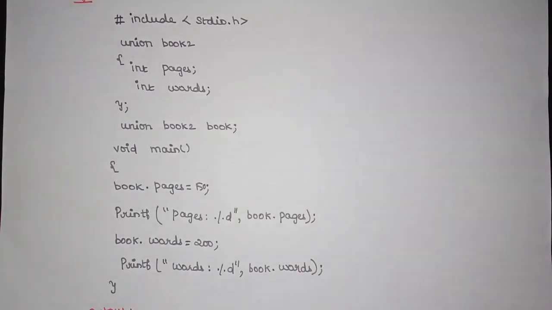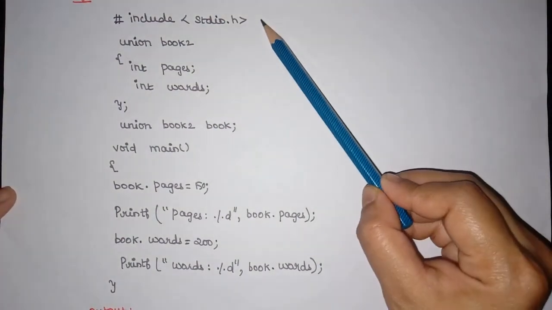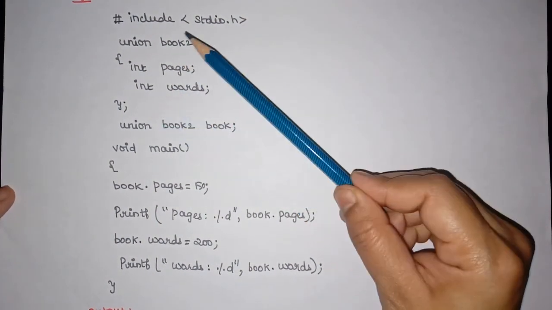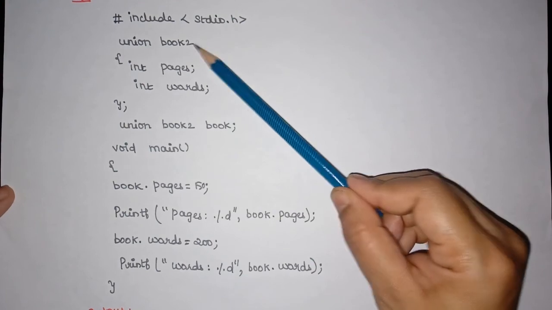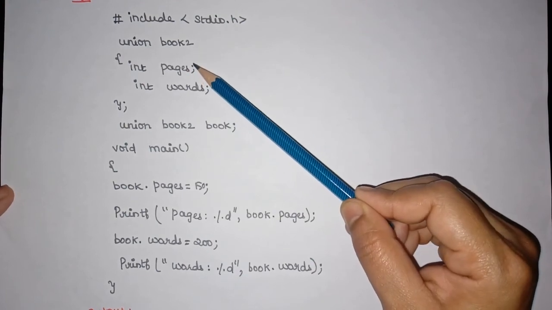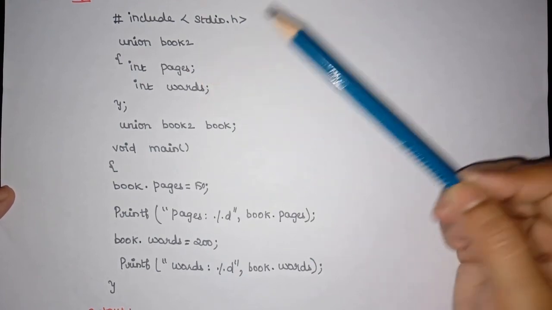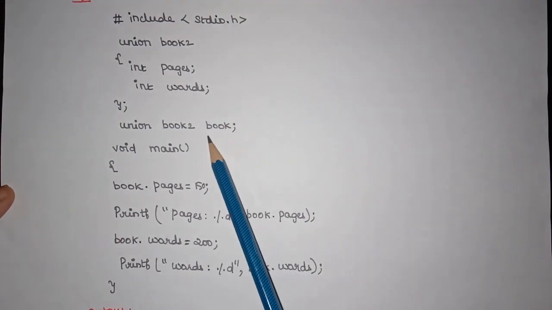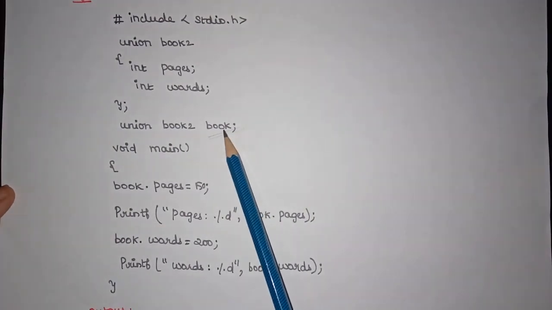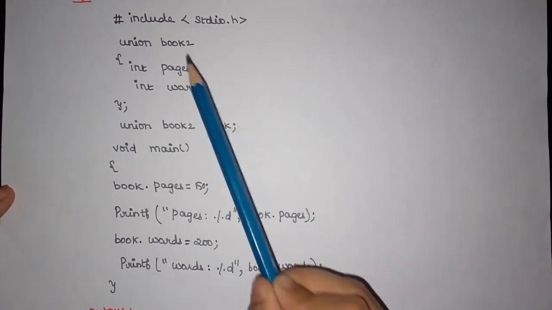Here is another simple example which we can use for union. Starting with the header file, followed by a union. The name of the union is book2, and inside this we have member variables pages and words. Then we have a union variable book here. This is the union variable, and these are all member variables.